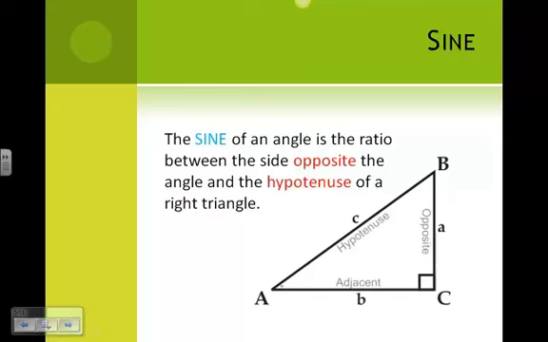So in this particular triangle, we're focused on angle A, and sine would be opposite angle A, so the sine of angle A would be the side opposite angle A over the hypotenuse of the right triangle. The side opposite angle A is a, and the hypotenuse is c. So that ratio would be the sine of angle A.